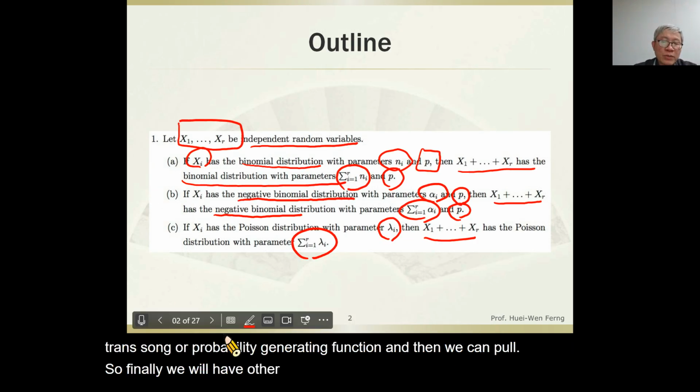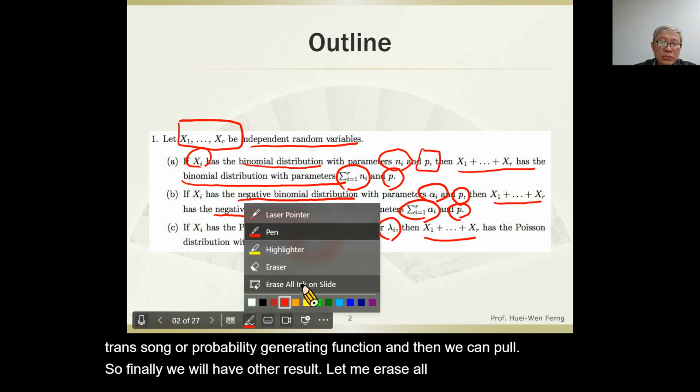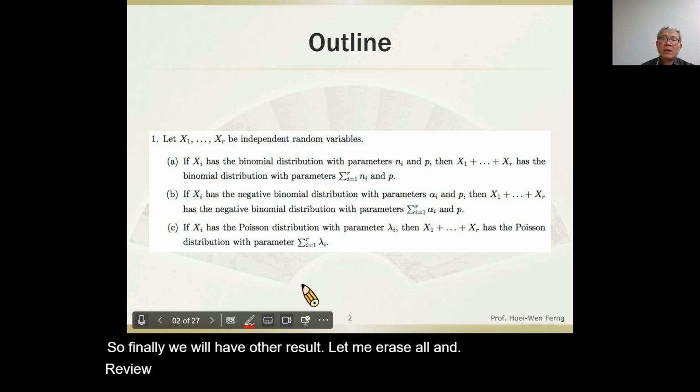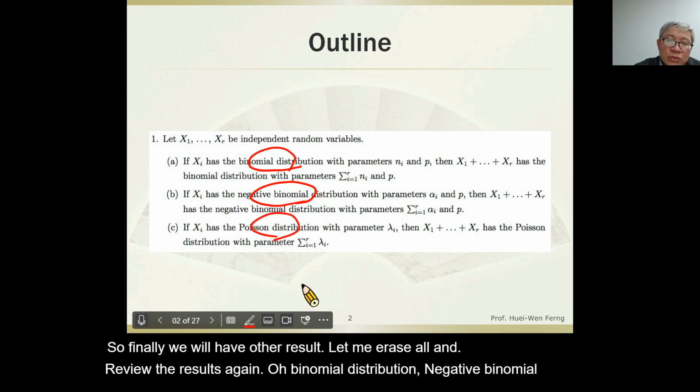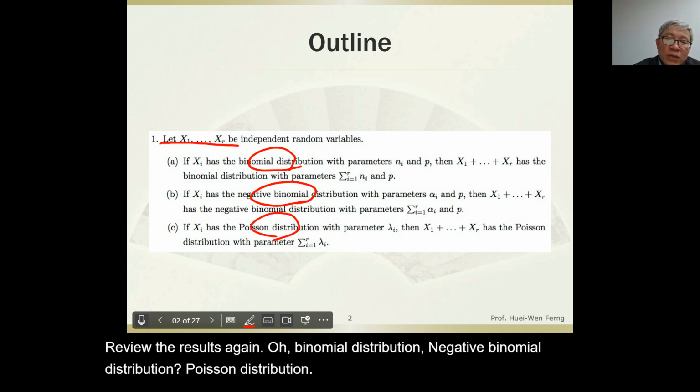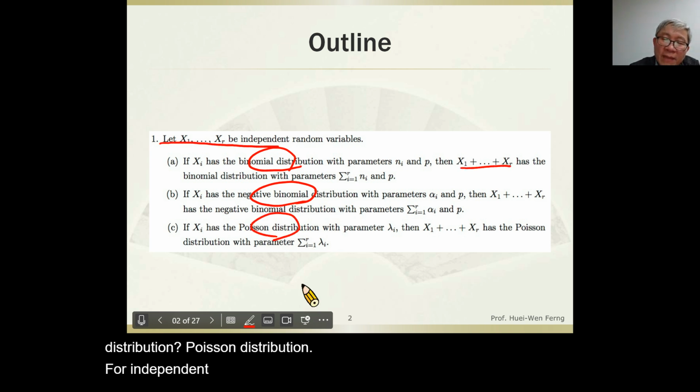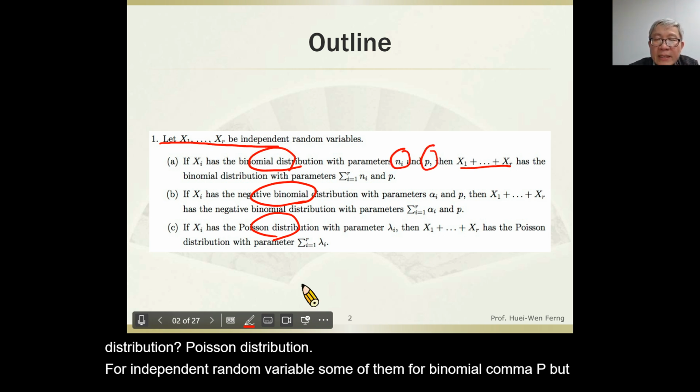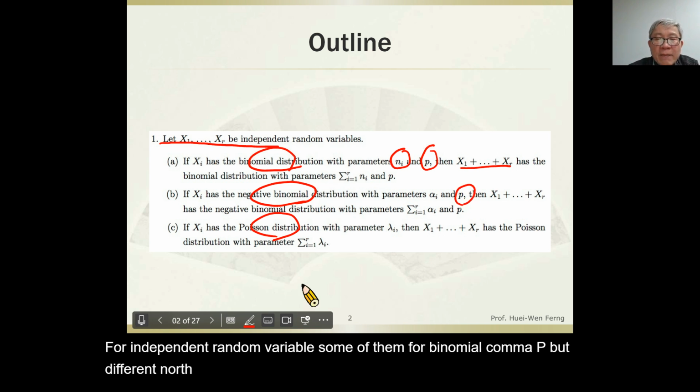Let me erase all and review the results again. Binomial distribution, negative binomial distribution, Poisson distribution. For independent random variables, the sum of binomials has common p but different n sub i. Negative binomial has common p but different alpha i.